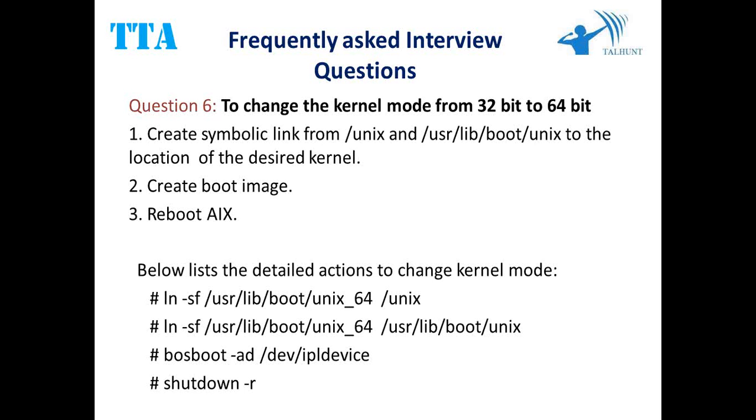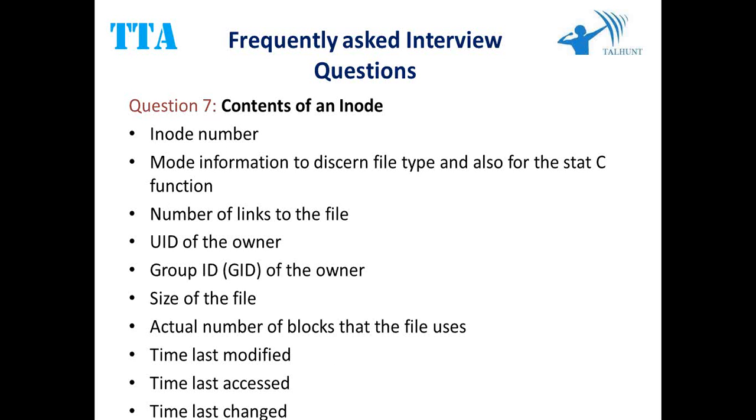IPL is initial program loader. It will update the boot devices, reboot the machine, and now the machine boots up with 64-bit. Yeah, a very challenging question indeed, but a very easy one as well. If you know this, you can easily win this interview.